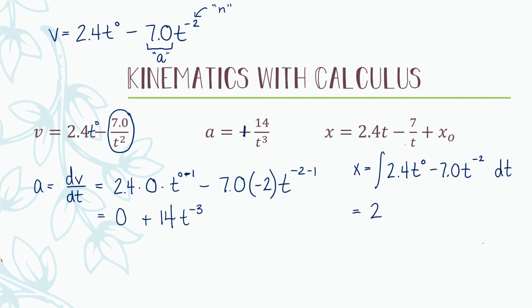So I have 2.4 t to the 0 plus 1 divided by 0 plus 1, following that same rule that we learned for integrals, minus 7.0 t to the negative 2 plus 1 divided by negative 2 plus 1.